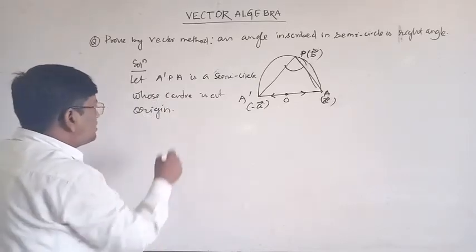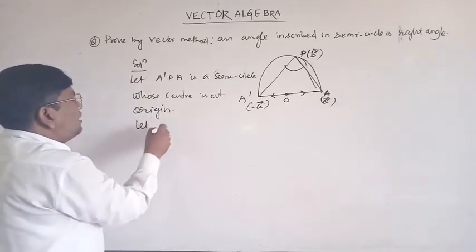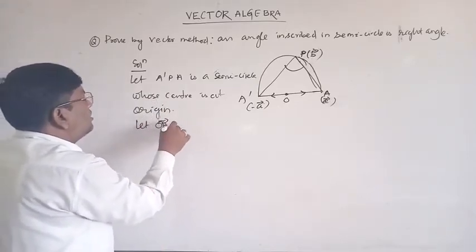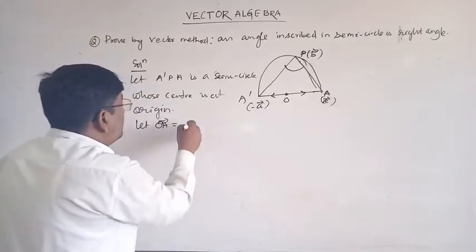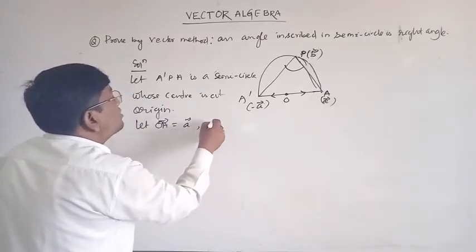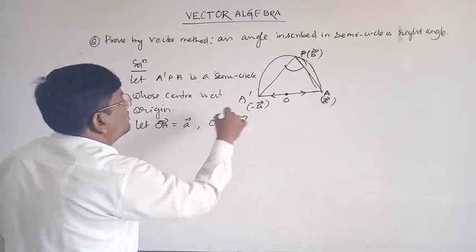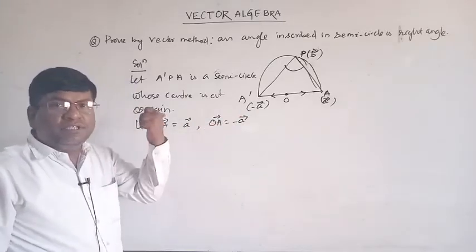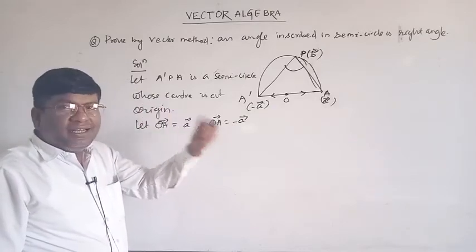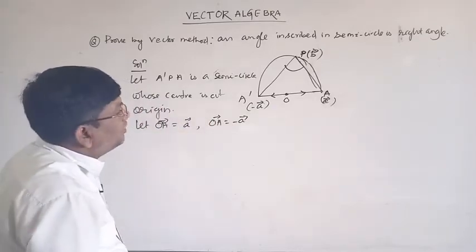Okay. Now let OA vector be A vector, and OA dash is equal to minus A, because the direction is opposite.